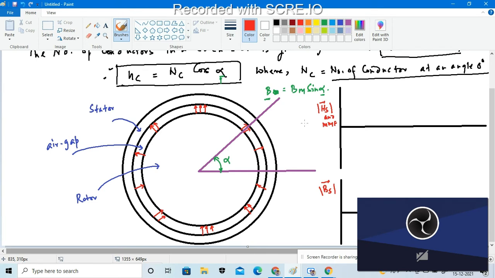In respect of the alpha angle, there must be a sinusoidal behavior.